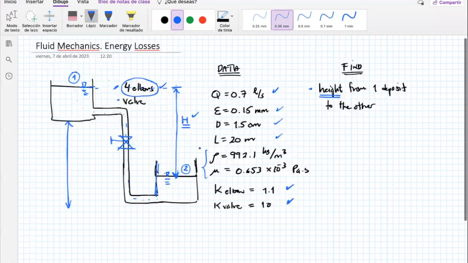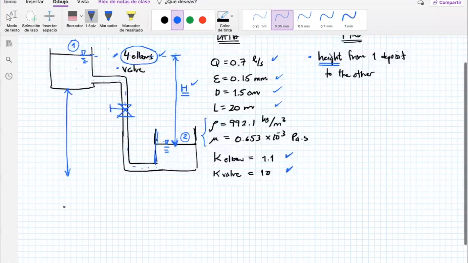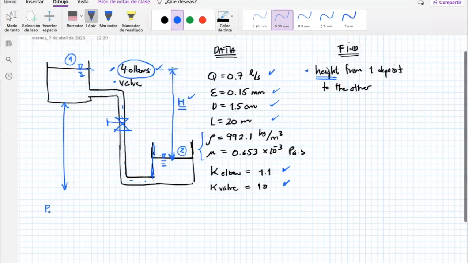So the first thing I'm going to do here is to use the general energy equation, which is P1 divided by rho g, plus V1 squared divided by 2g, plus HV, plus Z1, equals P2 divided by rho g, plus V2 squared over 2g, plus Z2, and then let's just put HL and HM.